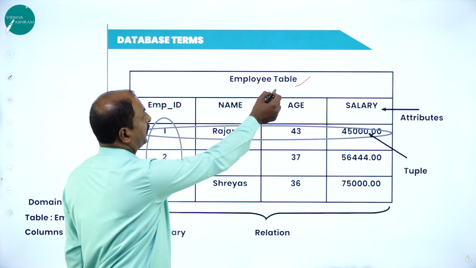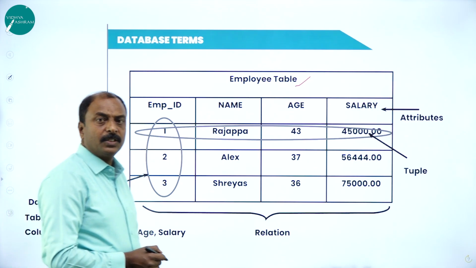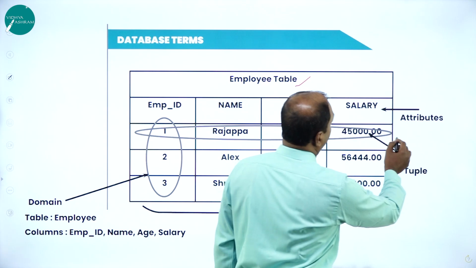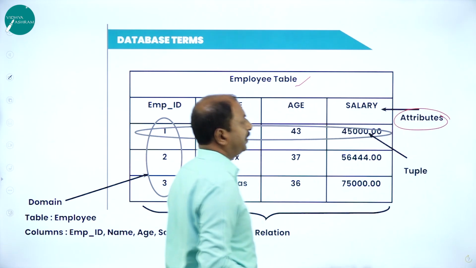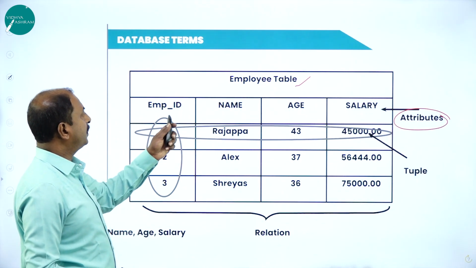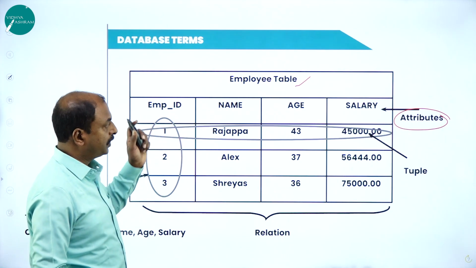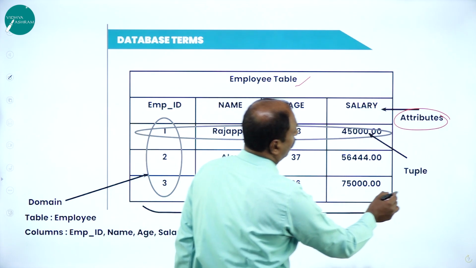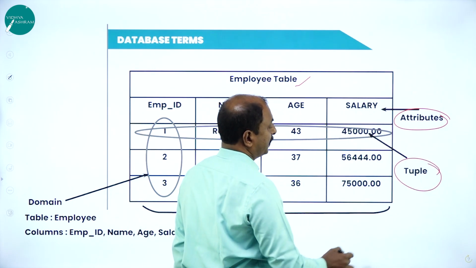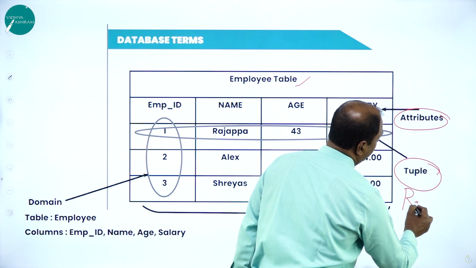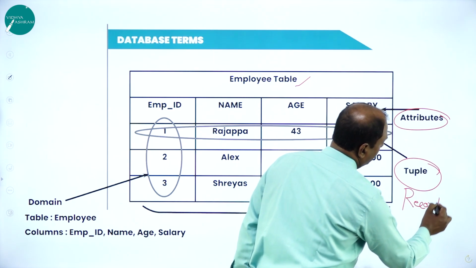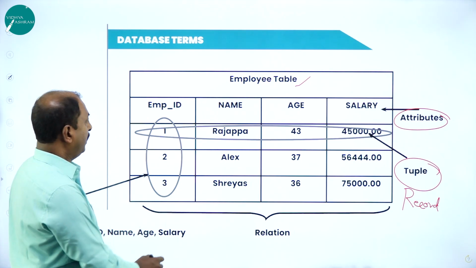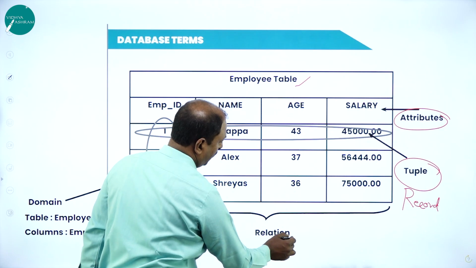Now first one is table. Table is the main storage medium of a database. Next, employee ID, name, age, and salary are called attributes. Nothing but the columns, the headings for these columns are called attributes. And here the entire row, from here to here, is called a tuple, or another name is a record. So it is a record or a tuple. Next one, the entire table is called a relation.